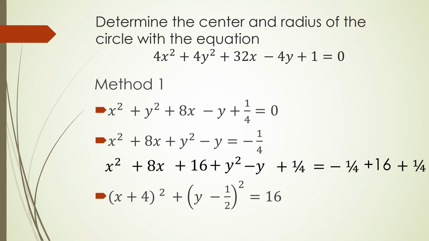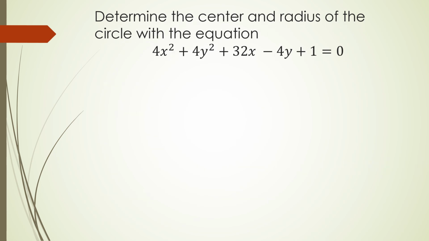We have (x + 4)² + (y - 1/2)² = 16, since -1/4 + 1/4 is equal to 0. And with this, we can now determine the center and radius of the circle. So we have the center at (-4, 1/2), and our radius is equal to 4.